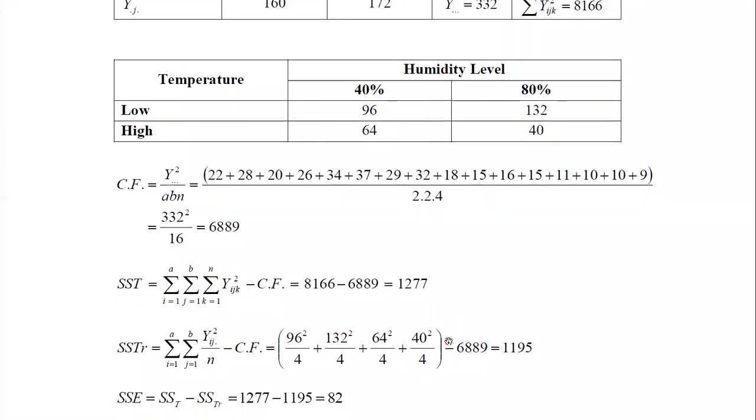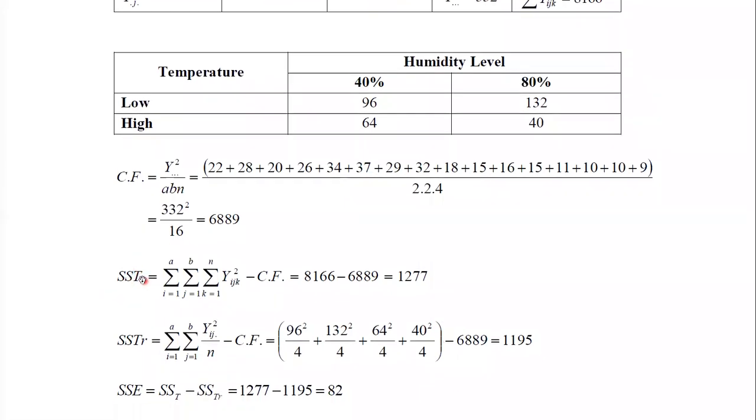And now we have already identified SS total and SS treatment. Therefore, we can obtain the error sum of squares. The error sum of squares can be obtained using the total sum of squares minus the treatment sum of squares. It is simply the difference of these two values. Therefore, if you take the difference, you can obtain the error sum of squares as 82.